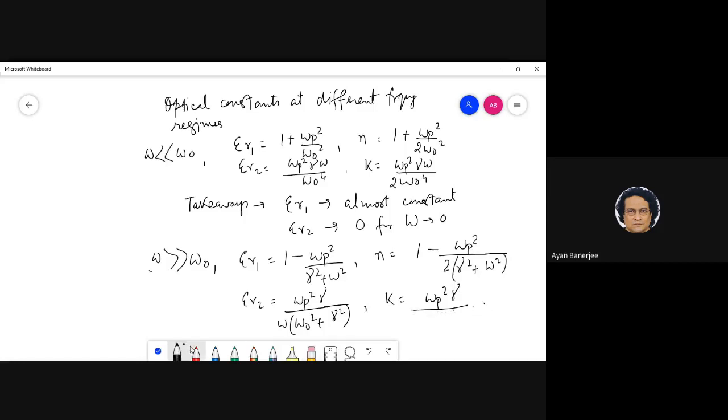Okay, it's just 2 omega 0 square gamma square plus omega square, right?